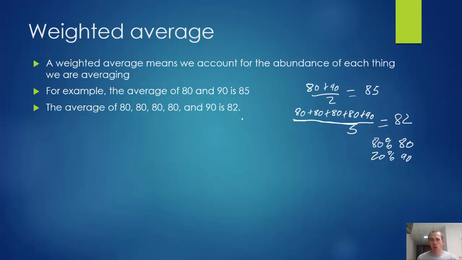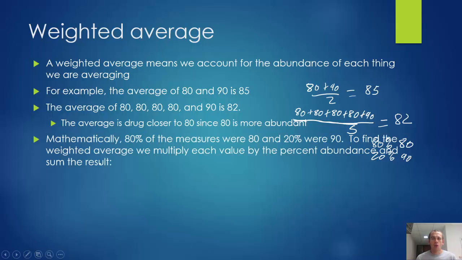So we can actually shorthand this math and do it a faster way. The average is dragged closer to the 80 since the 80 is more abundant. Mathematically, we're going to multiply each value by its percent abundance and then sum. 80% of the measures were 80, 20% of the measures were 90. To find the weighted average, we multiply by the percent abundance and sum.